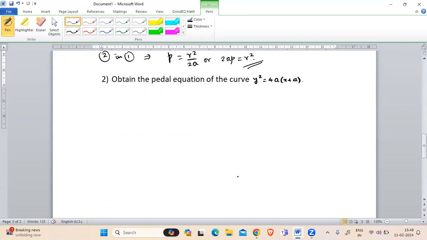Now in this next example, we'll find the pedal equation of the curve y square equals 4a into x plus a. So what is the first step?